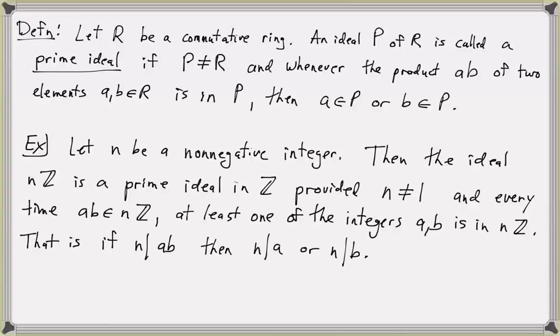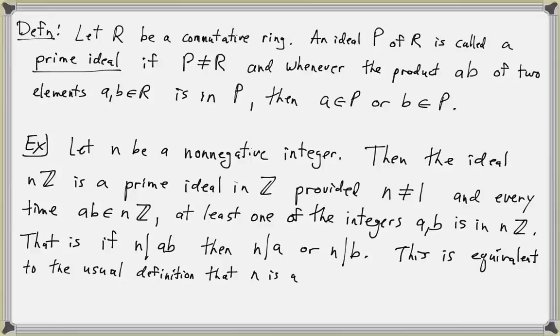This is actually equivalent to the usual definition that n is a prime number. So we see that the ideals generated by prime numbers are actually prime ideals in the ring of integers.